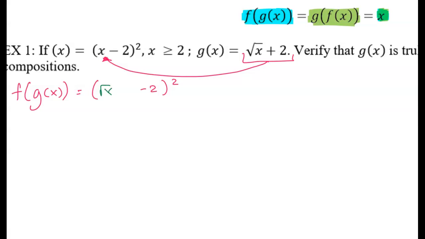parenthesis the square root of x plus 2 minus 2 squared. What do I do first here to simplify this? Look, we have a plus 2 minus 2 inside of those parentheses. They cancel, leaving us with the square root of x squared.